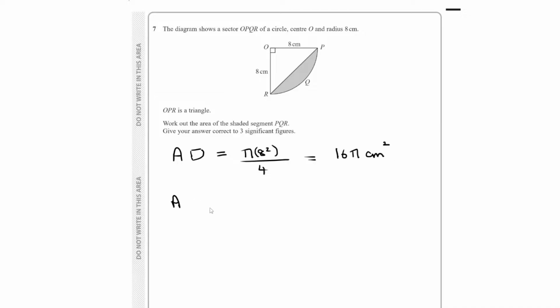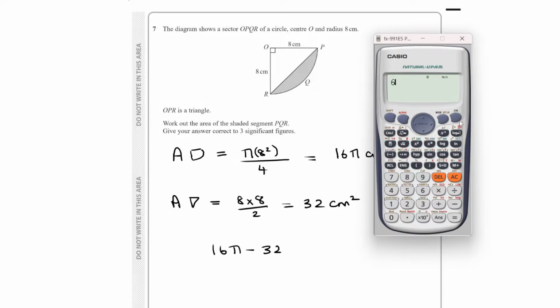And then the area of just the triangle is base times height over 2, or half base times height, whichever you prefer, which is 8 times 8 over 2, which is 64 over 2, which is 32. And then we subtract them, and now is when I would work out the decimals. So calculator, 16 pi minus 32. They said 3 significant figures, and that's 18.3.